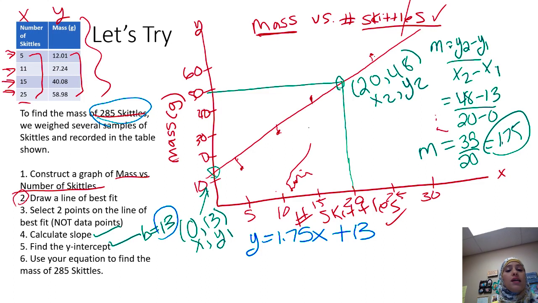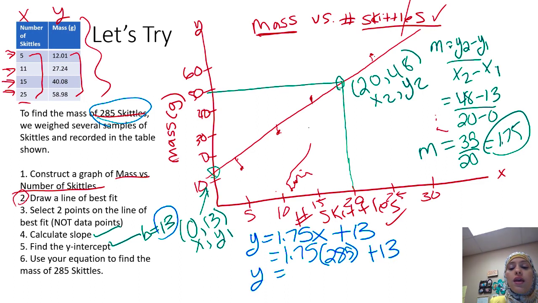What am I going to do? I'm going to use my equation here, and do 1.75 times 285 plus 13. Even though my scale has limits, I can come up with the answer, because that's the idea of the generalized equation: you could use it for anything that your little heart wants.